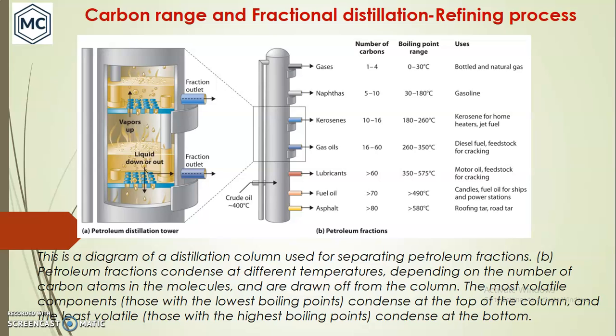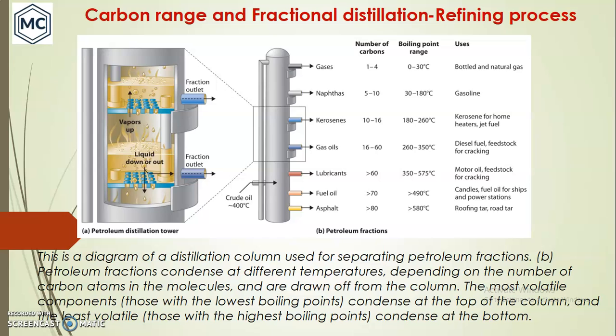As you know, the higher the number of carbon atoms, the higher the boiling point. Hydrocarbons with a high boiling point condense first, low down the tower. The lower the boiling point of the fraction, the higher the level of the fractionating tower it can reach.